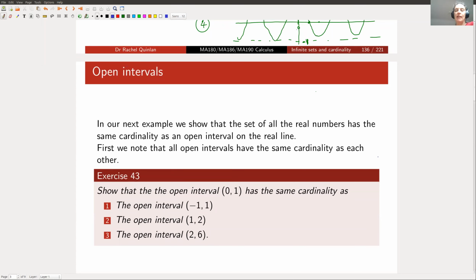Okay, so remember what an open interval is.